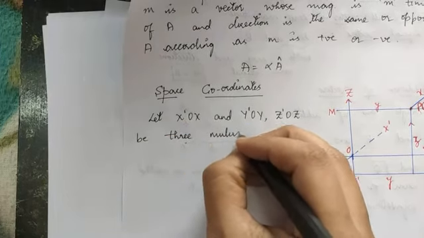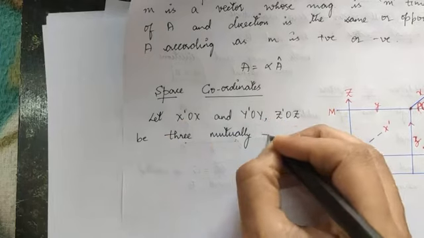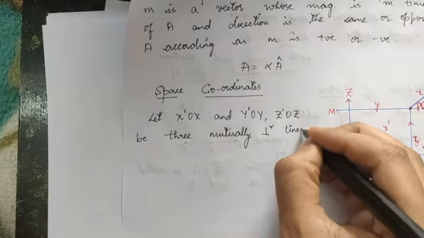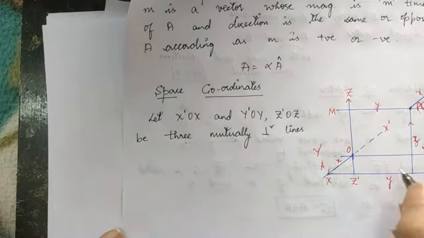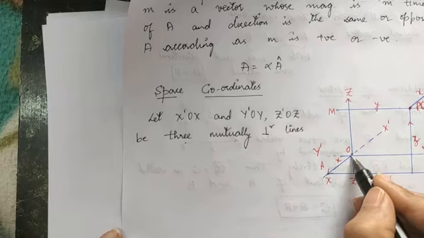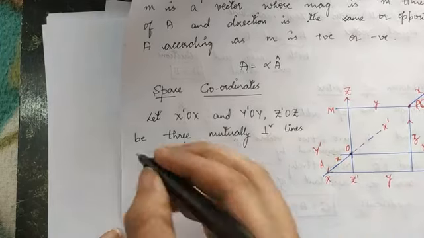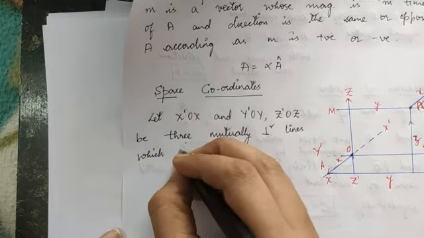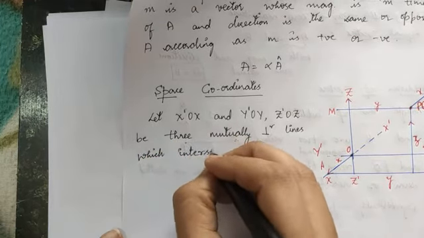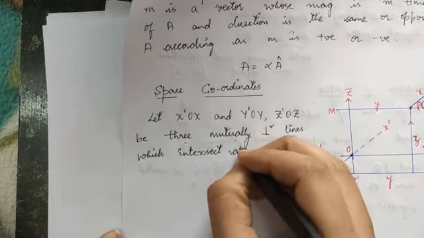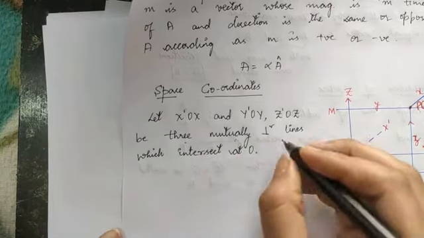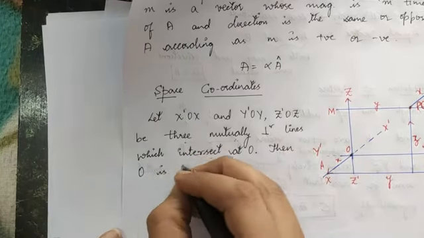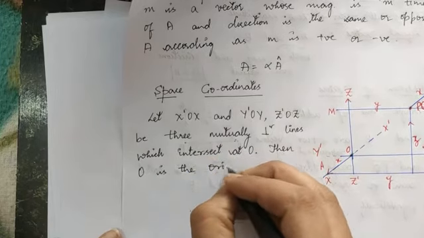You can observe these three are mutually perpendicular lines, and these three lines intersect at one point O. Then O is the origin.